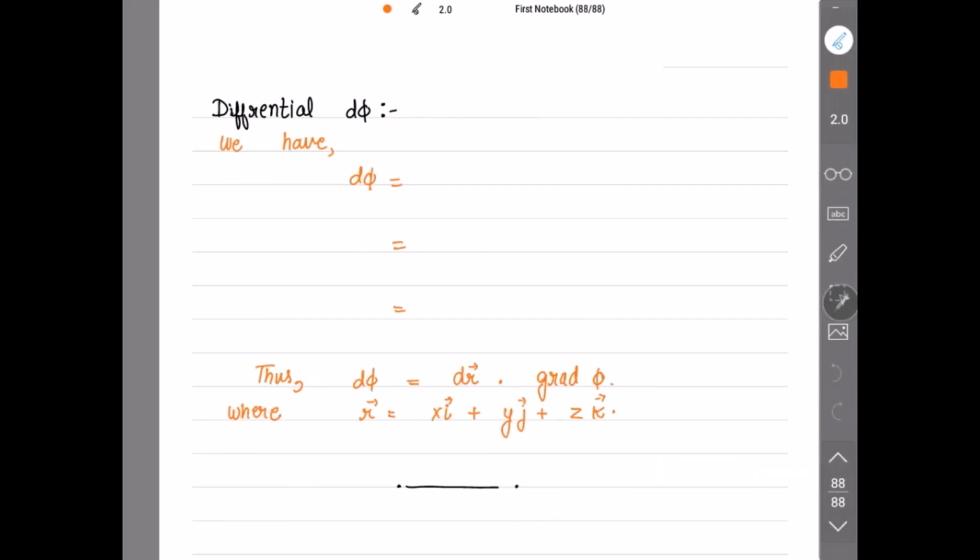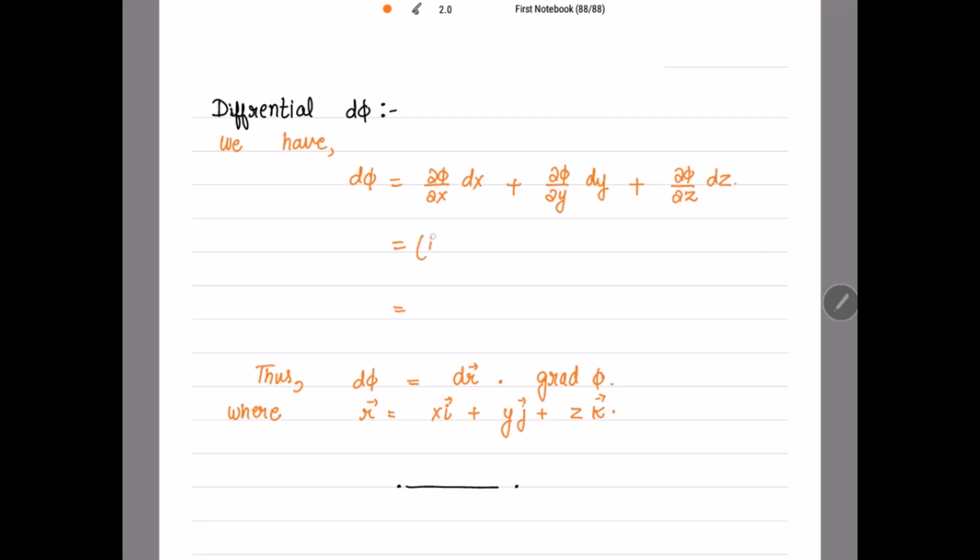At the very last, the differential d phi. We have d phi equal to del phi by del x dx, plus del phi by del y dy, plus del phi by del z dz. We write d phi as this. Now again, can you write this as the dot product of these two?